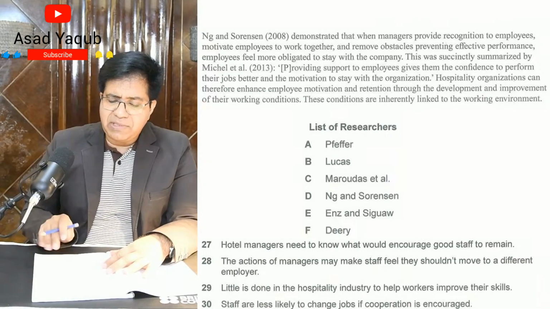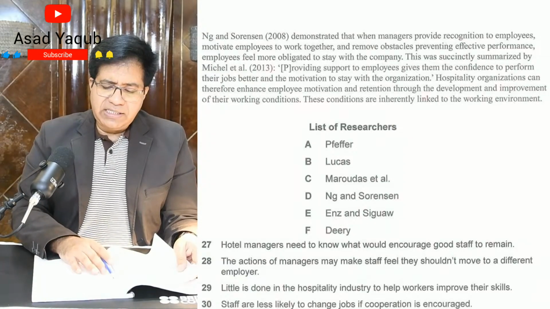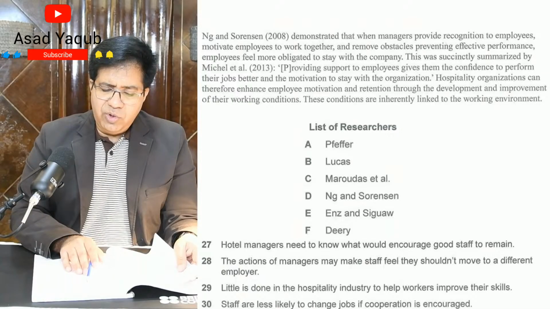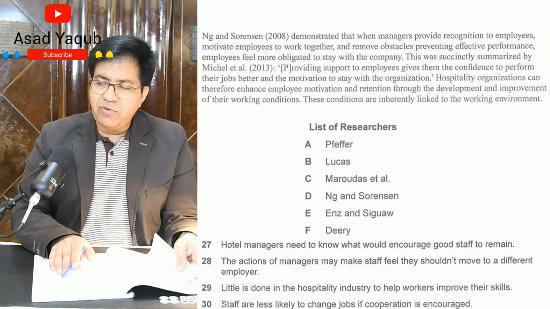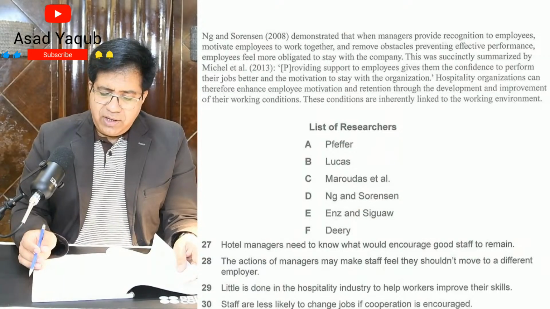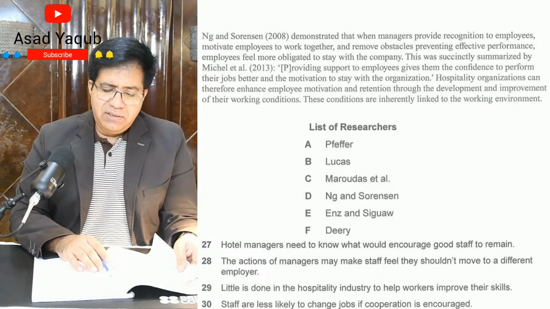Now match something with that. Question number 27. 27 is hotel managers need to know what would encourage good staff to remain. No, that's not right. Question number 28.